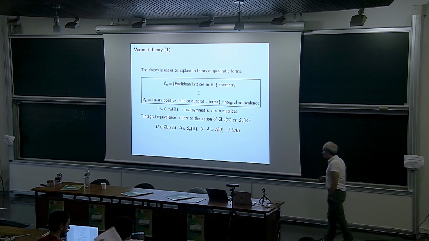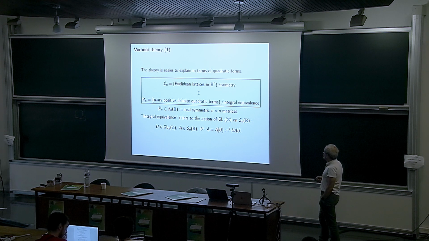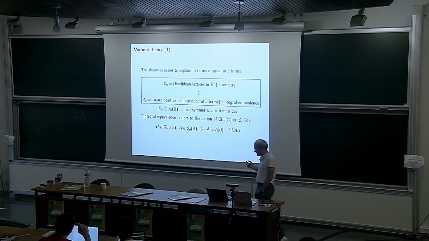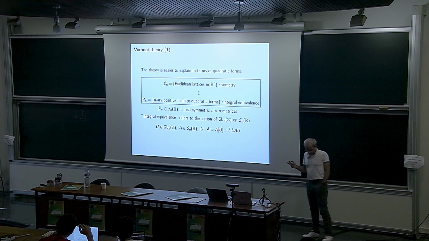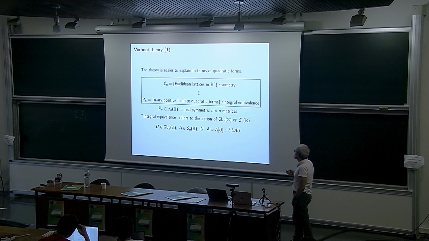There is a kind of dictionary between two worlds that I will explain in more detail in the next slide. On the one hand, you have the set Ln of Euclidean lattices up to isometry, because of course two isometric lattices give rise to isometric packings, and in particular they have the same density. So it is perfectly natural to consider lattices up to isometry.